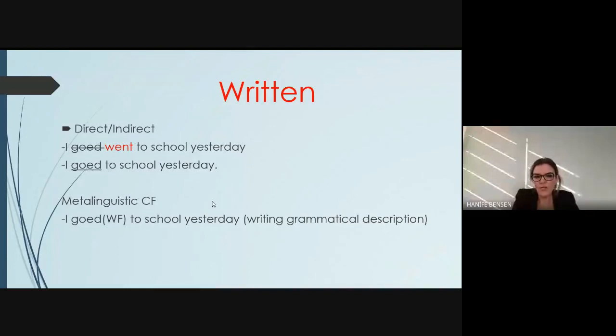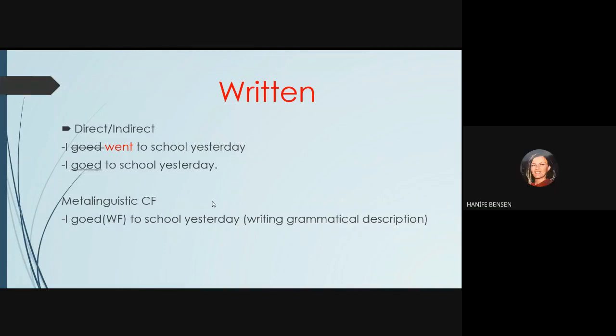And with metalinguistic or indirect written corrective feedback, we are making students figure out what their error is and what the reason behind this is.